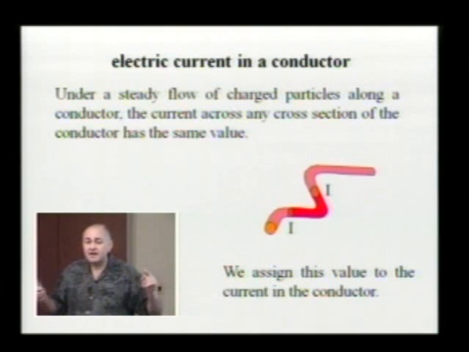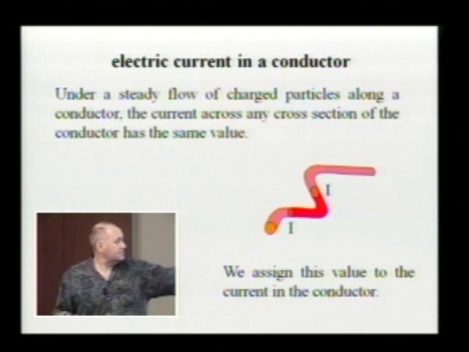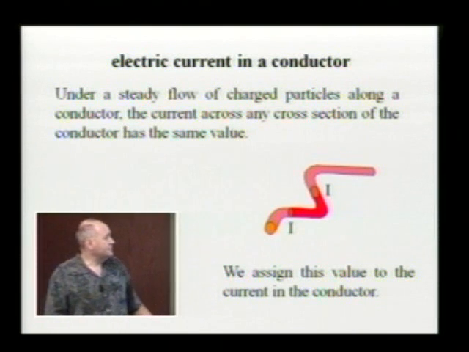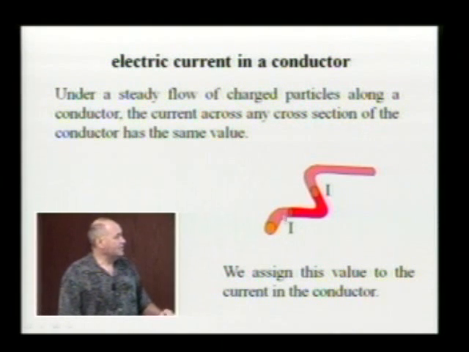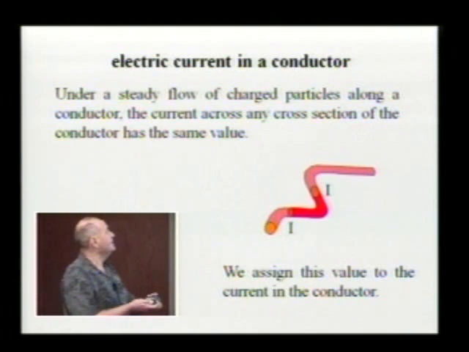Right? We don't have current at a point. We can have current density at a point, but current is always through a cross-section and through a surface, and therefore when we say current in the wire, it means current through a cross-sectional surface of the wire.